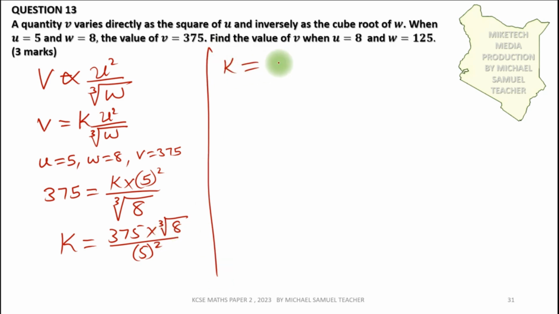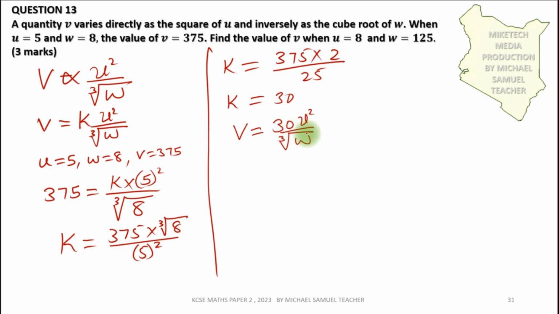So this will be 375 times cube root of 8, which is 2, all over 25. So k will be equal to 30.